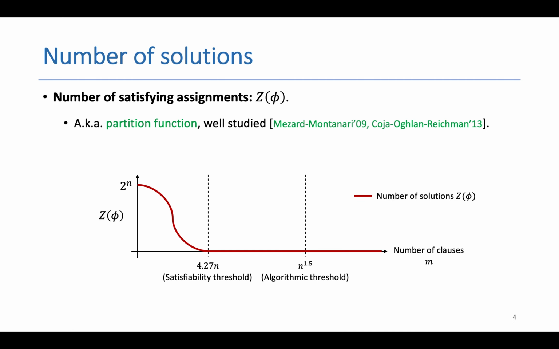The number of satisfying assignments exhibits a curve: when you have no constraints, every assignment you can think of is going to be satisfying, so it's going to be 2 to the n satisfying assignments. As you add more and more constraints, the number of satisfying assignments decreases, and once you cross 4.27n, it eventually becomes 0 and stays 0 forever.